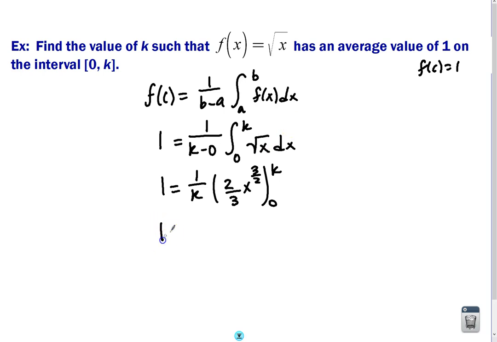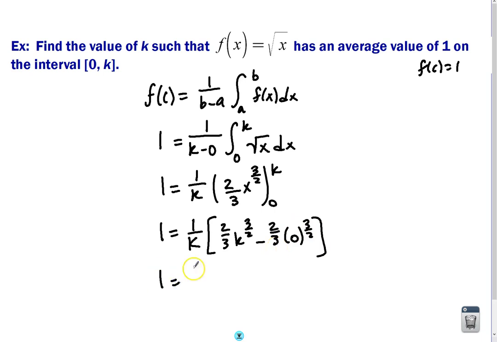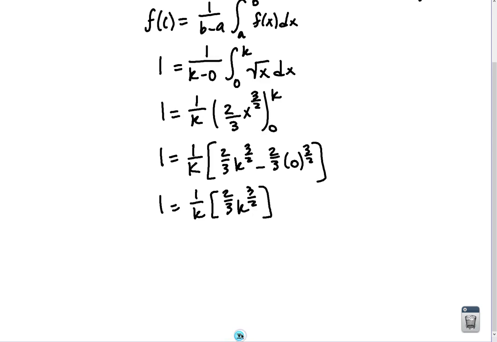So then I've got 1 equals 1 over k times 2/3 k to the 3/2 minus 2/3 times 0 to the 3/2. That just becomes a 0. So 1 equals 1 over k times 2/3 k to the 3/2. I can reduce that here.